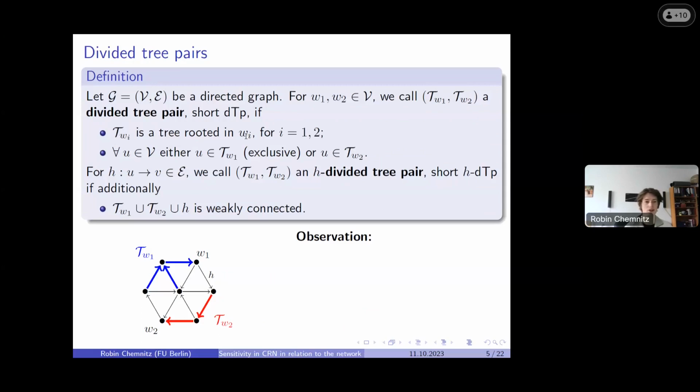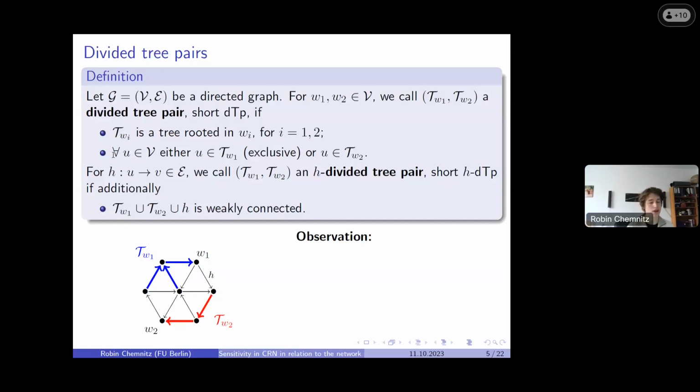So TW1 is a tree rooted in W1 and TW2 is a tree rooted in W2. Then the second line means that the trees together are spanning, so every node is in one of the trees. They're disjoint, but every node is in exactly one of the two trees. So if a pair TW1, TW2 satisfies the first two descriptions, then it's a divided tree pair.